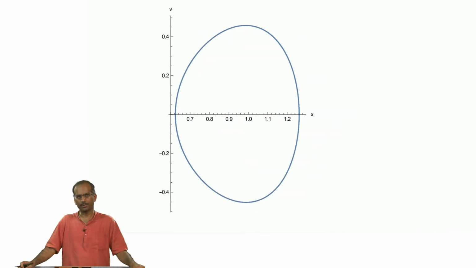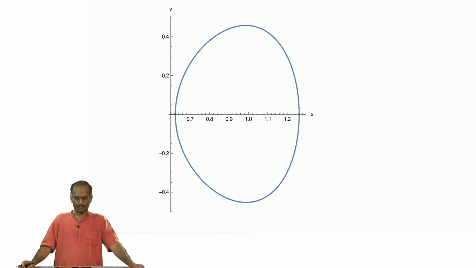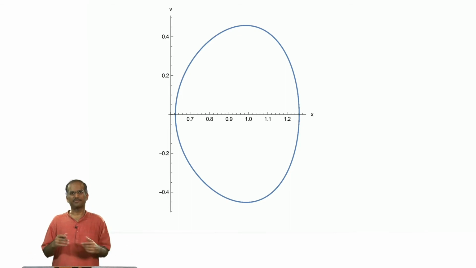If I wait for some more time and look at the phase space after about say 300 or 400 time steps, all the transients die out, and what I get is something like this. It is a very nice ellipse-like curve that I have.